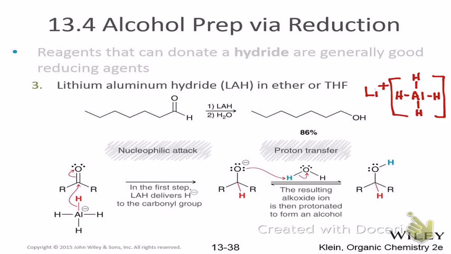Now, why do I have two of these slides? Oh, just an example of lithium aluminum hydride. You can also use lithium aluminum hydride. Lithium aluminum hydride is the same as sodium borohydride.